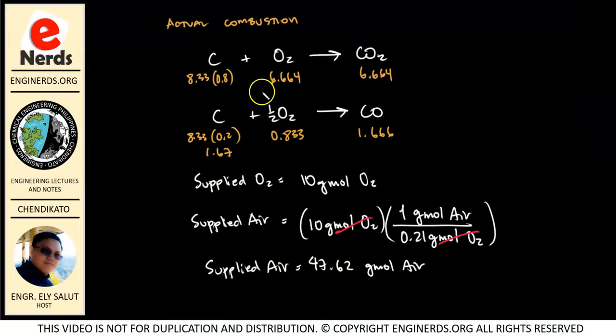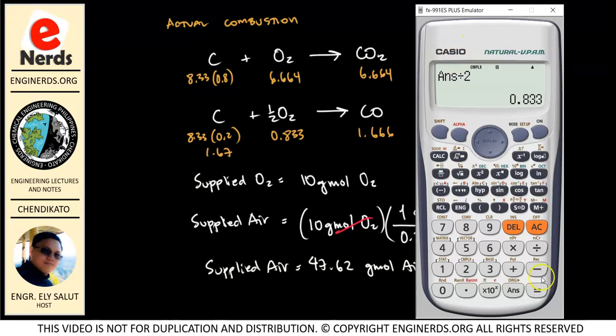Okay? So, gaano karaming O2 yung nagamit natin dito? O2 used is equal to, i-add lang natin, 6.664. Ang calculator natin. We have here now 0.833 plus 6.664. Which is equal to 7.497.